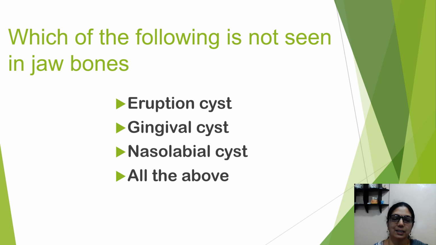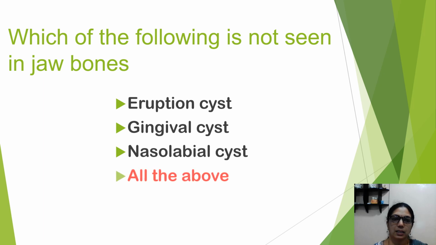Next question is, which of the following is not seen in the jaw bones? We have to read the question properly. Is eruption cyst not seen in the jaw bones, gingival cyst, nasolabial cyst, or all the above?